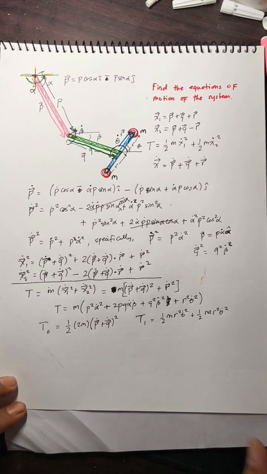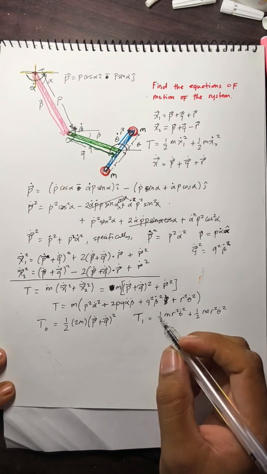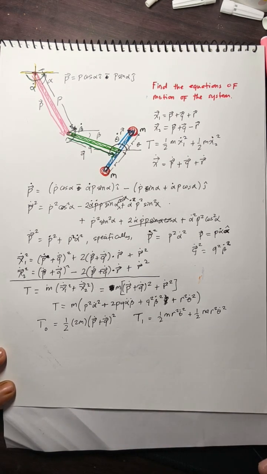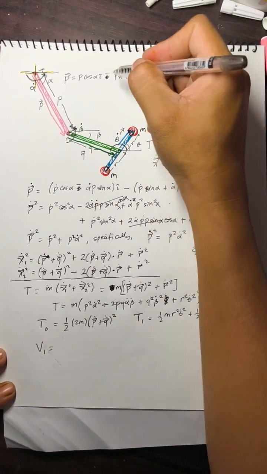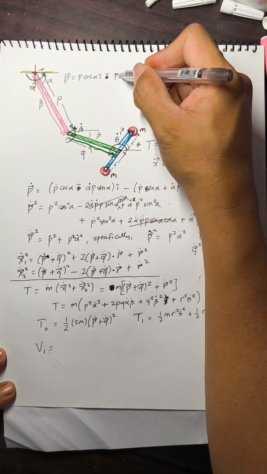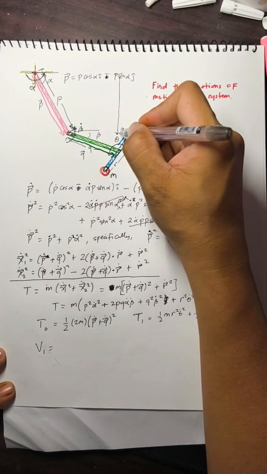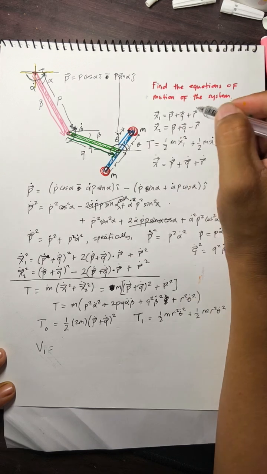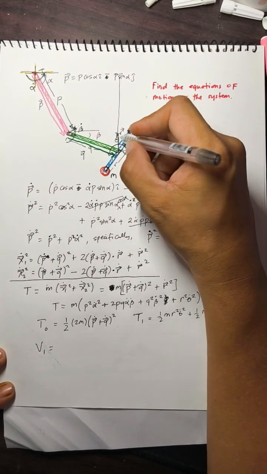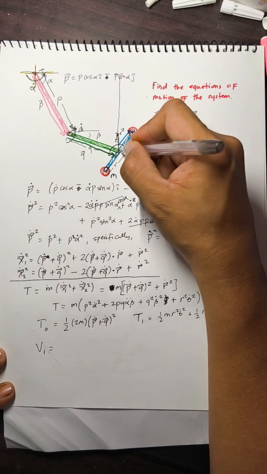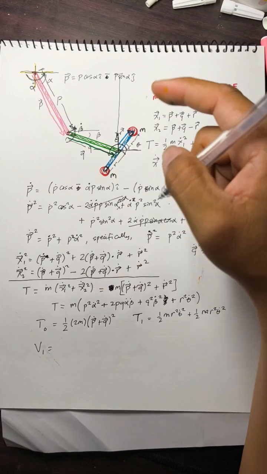Now, what is left before we can have our Lagrangian is the potential energy. It's much easier to calculate the potential energy here. Let's calculate V1. That would just be this height here, which is p sine alpha, plus that height there, which is q sine beta, and then you have to subtract this one, minus r sine theta.